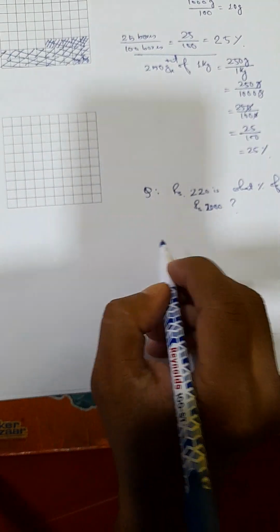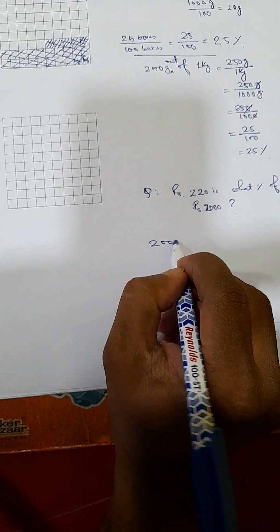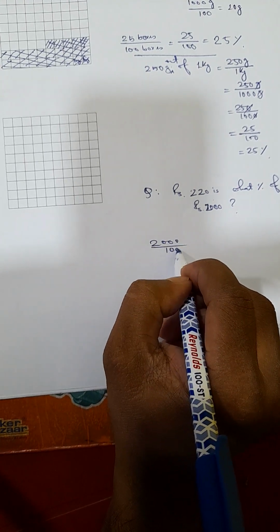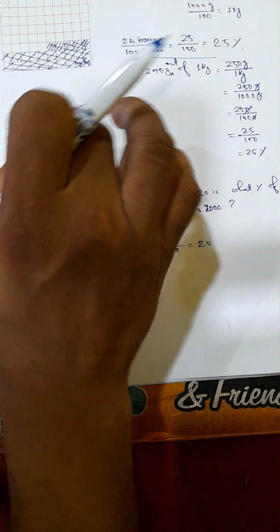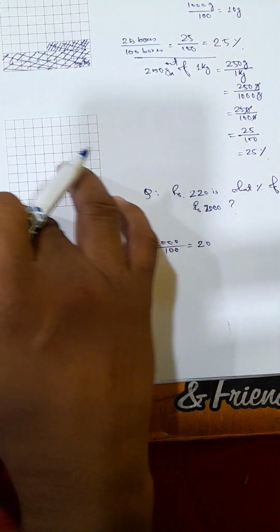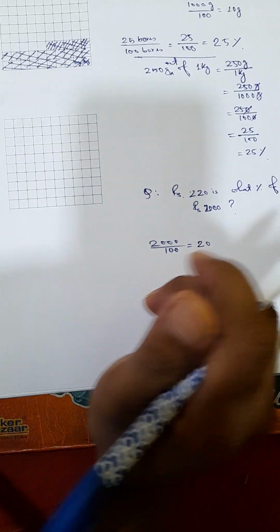Now you divide 2000 into 100 equal parts. How much will you get? 20. So suppose this square box represents 2000 rupees.